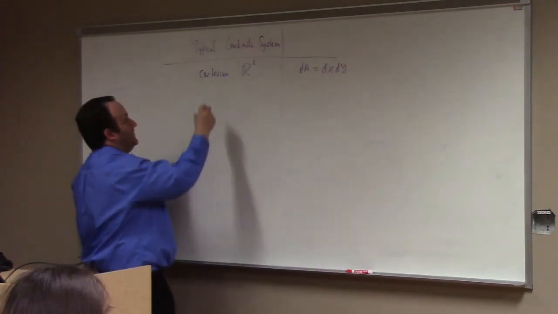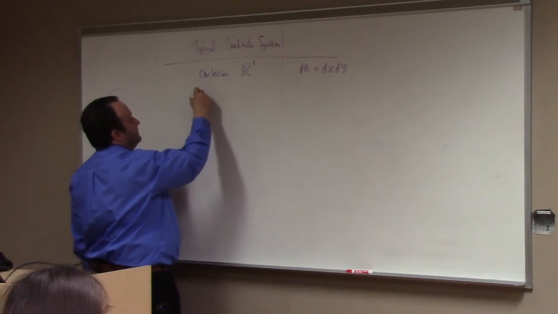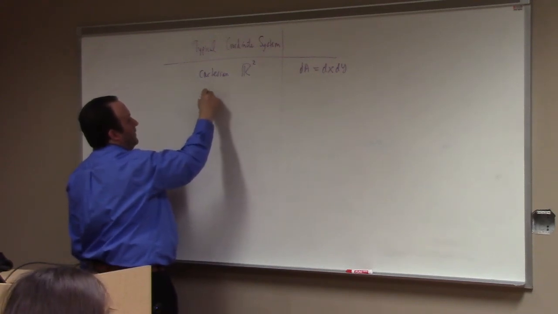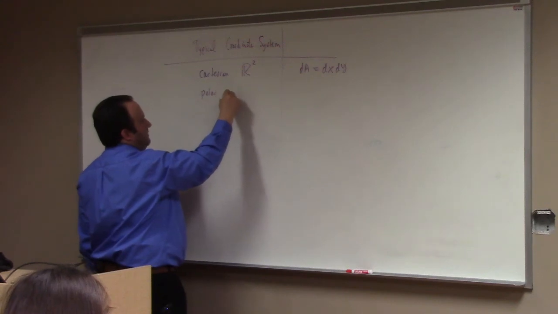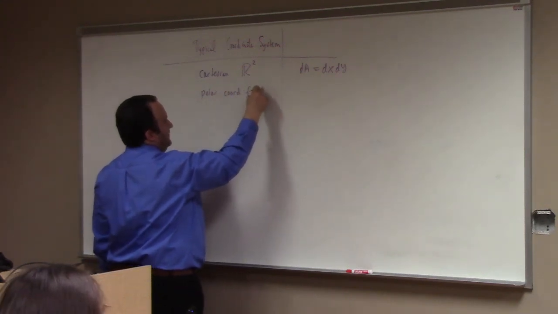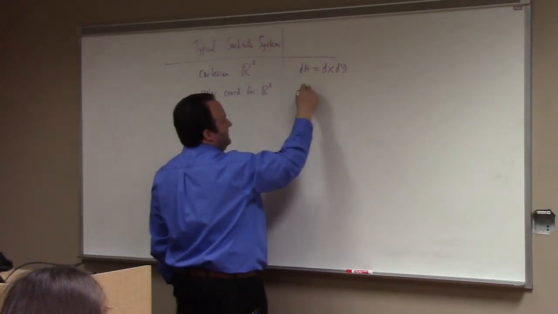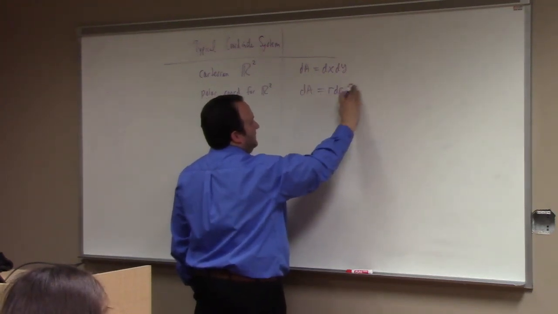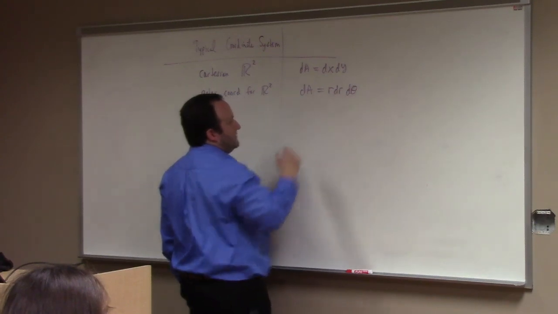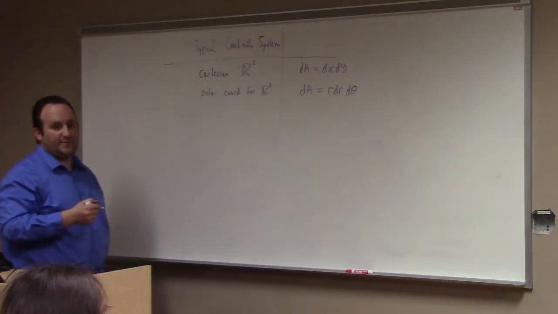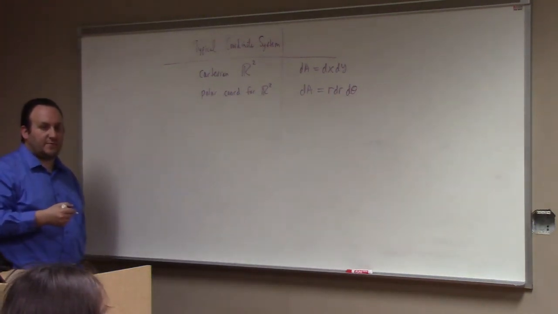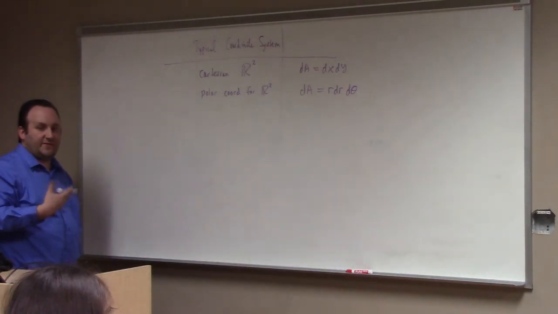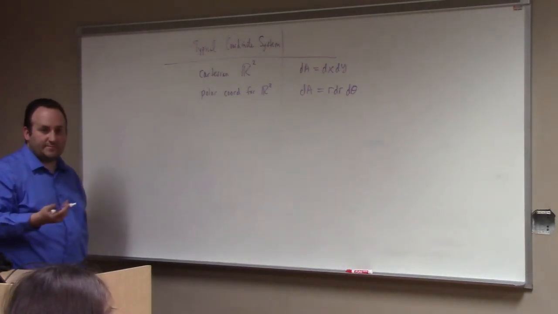Right? If we're talking about polar coordinates for R², then that gives us dA is r dr dθ. And in terms of standard coordinate systems, that's pretty much it. There's no other coordinate system that I use on the plane in a standardized way except for polar coordinates. All right?